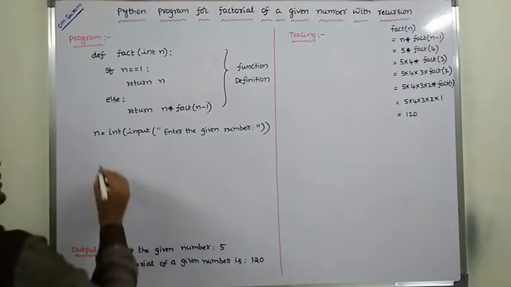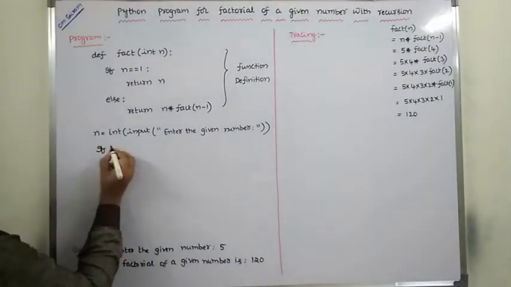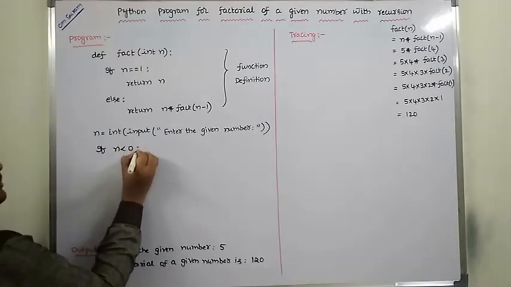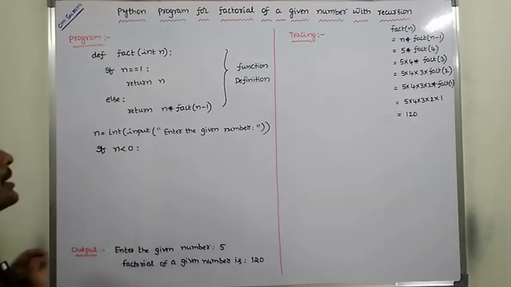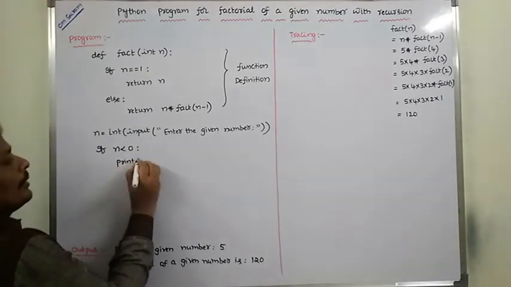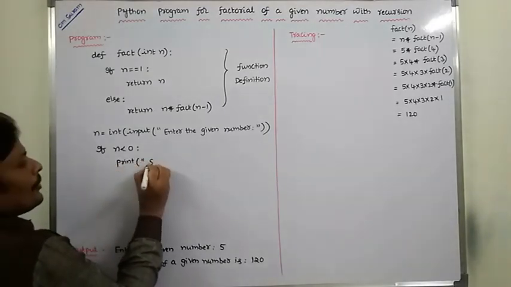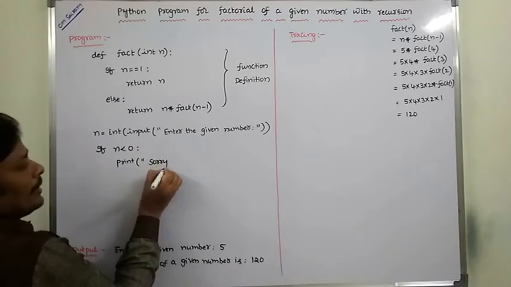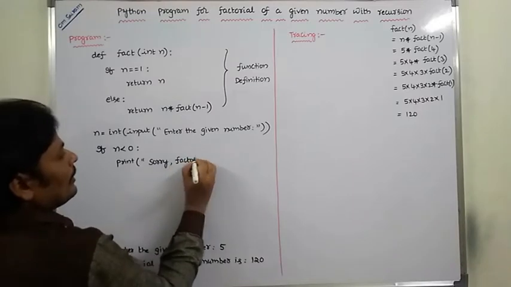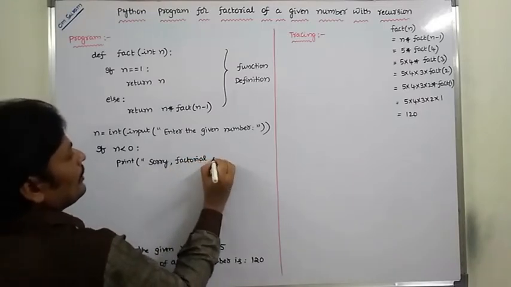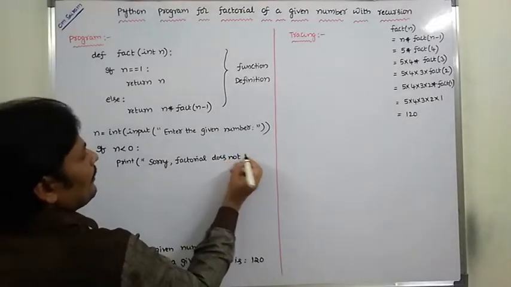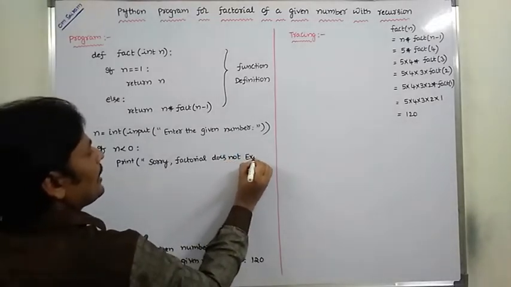Next, if n less than 0, print "Factorial does not exist".